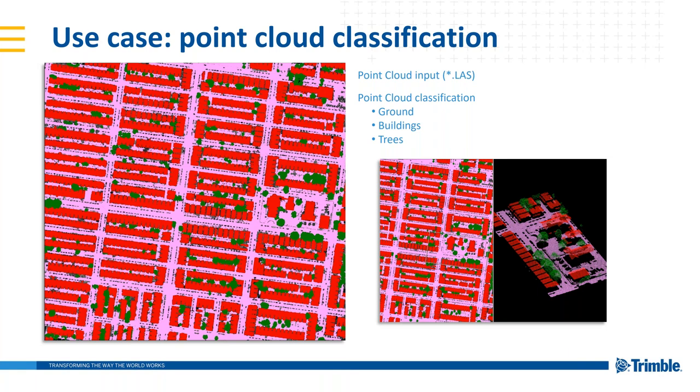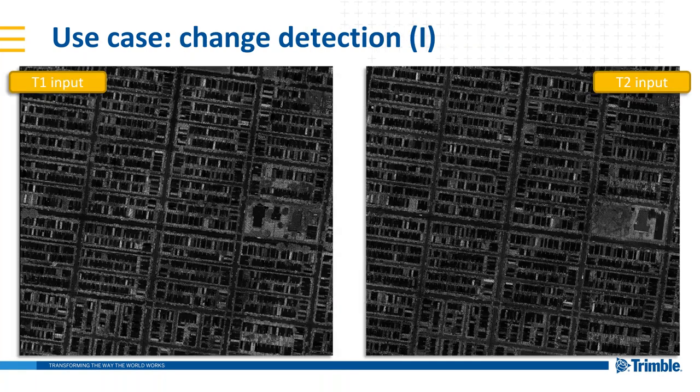Another use case here is change detection. In this case, we have 2 point clouds, one representing T1 and T2. If we look sort of in the mid right-hand section of these images, we see that there is say a construction site. There's a change between these two data sets, and we can do this change detection directly within eCognition and apply it into our point cloud.